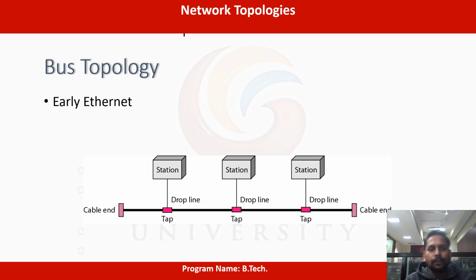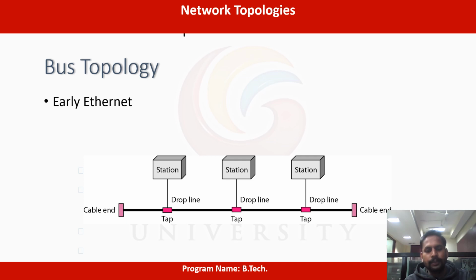Then bus topology. In the beginning years of the networking concept, they used this kind of topology. What is happening here? They are using one backbone wire. In this backbone wire, each and every device will drop their communication link. So whatever we are communicating, that communication data will be passed through that backbone line only.